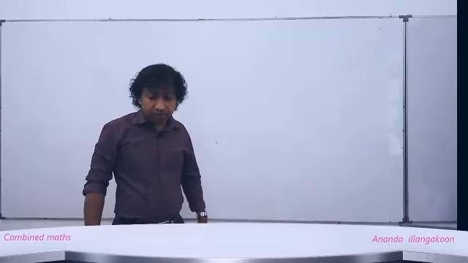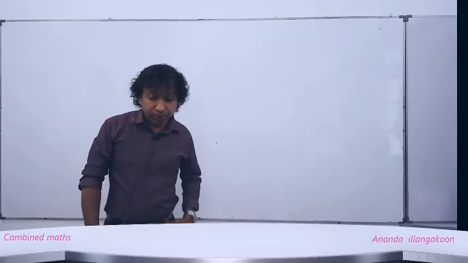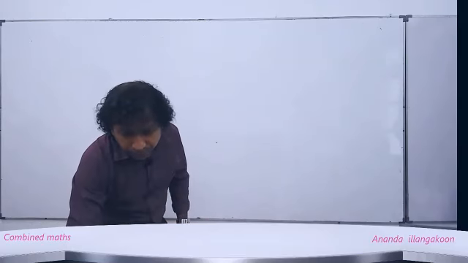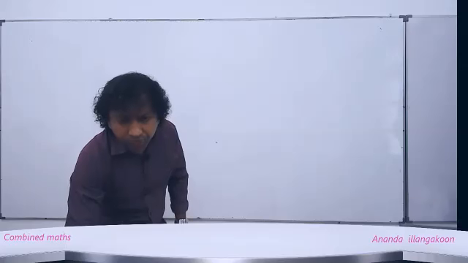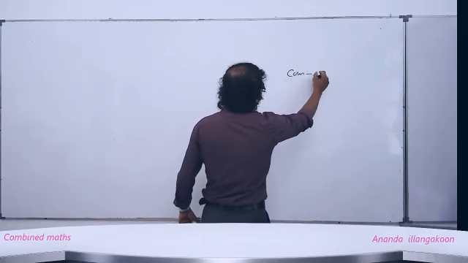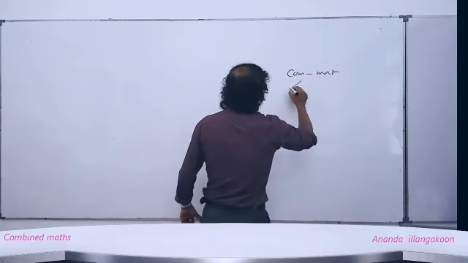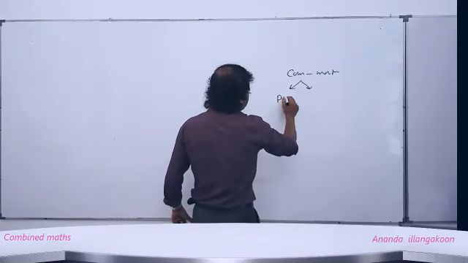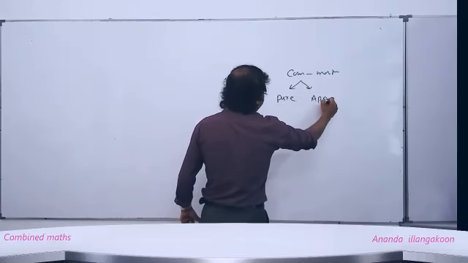Someone is asking whether combined maths is pure. For combined maths and pure maths, do we need to take different books? Combined maths is the common one. In combined maths, one part is pure maths, the other part is applied maths.